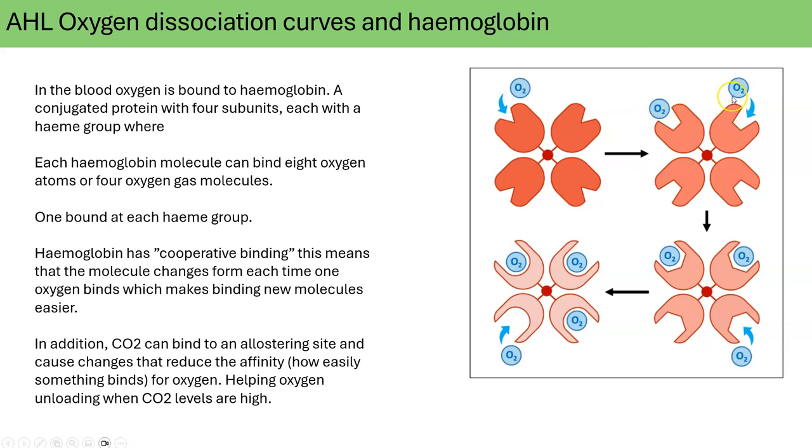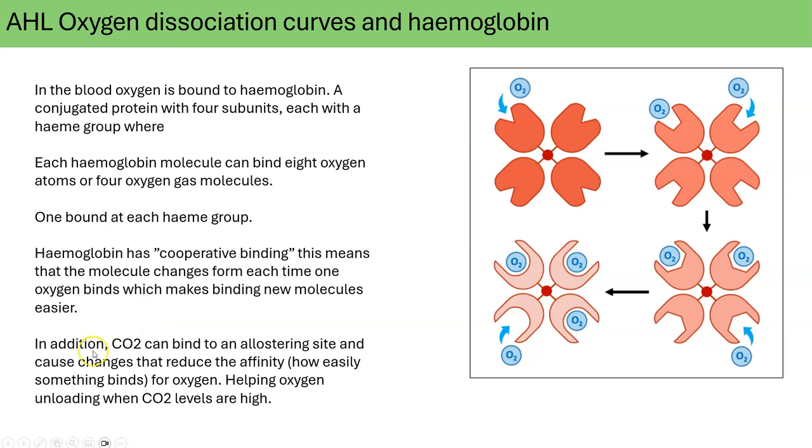So now it becomes easier for the next oxygen molecule to bind, and that changes the conformation further, so it makes it even easier for the third oxygen gas molecule to bind, and that changes the conformation even further. So the 4th one has a really easy time binding. So that's going to help us explain this curve.